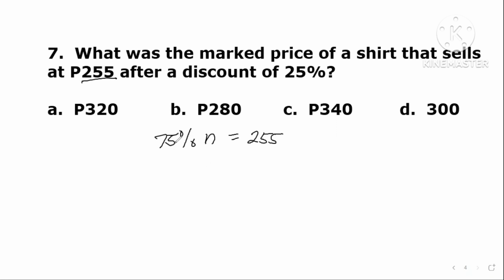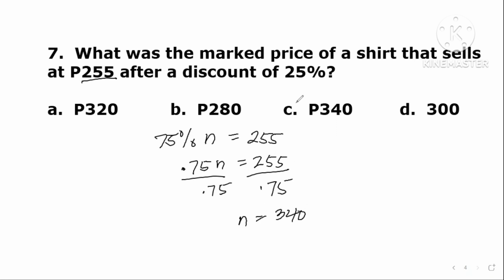Let's change it to decimal, 0.75 of N is equal to 255, and then divide both sides by 0.75. So, N is equal to 340. So, the correct answer is letter C. Okay? It's that simple.